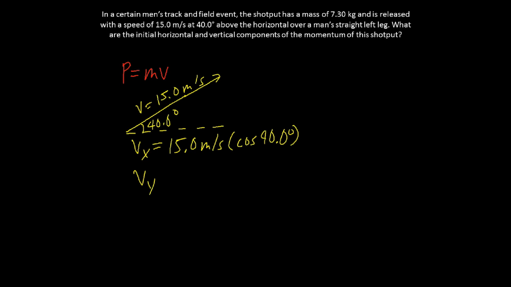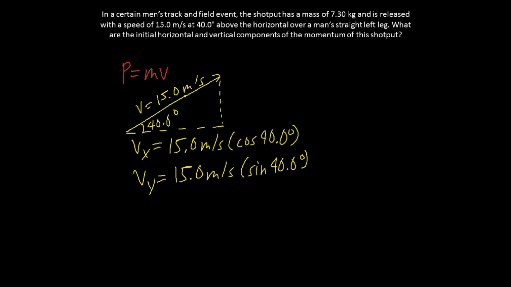Now for the Vy, the y component of our velocity will be 15.0 meters per second. This time, since this is the y component of the velocity, this will be sine 40 degrees.